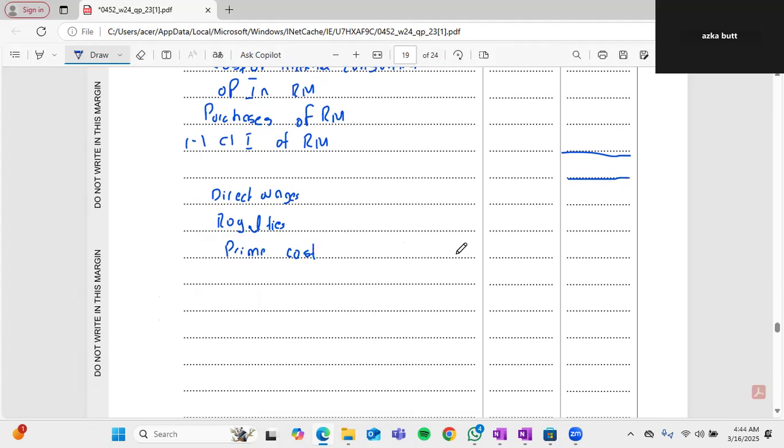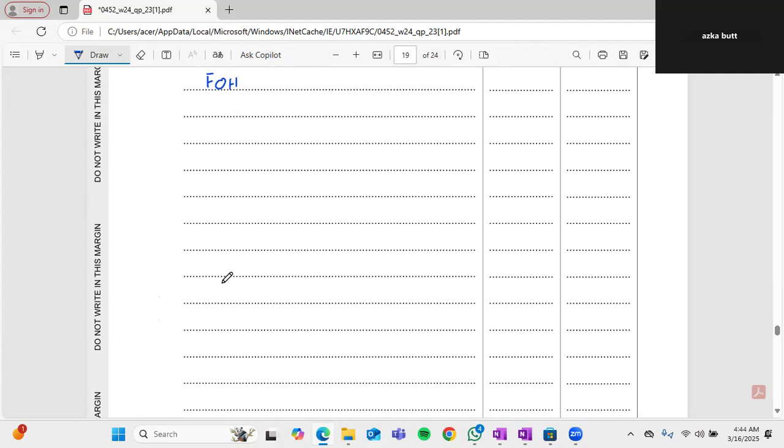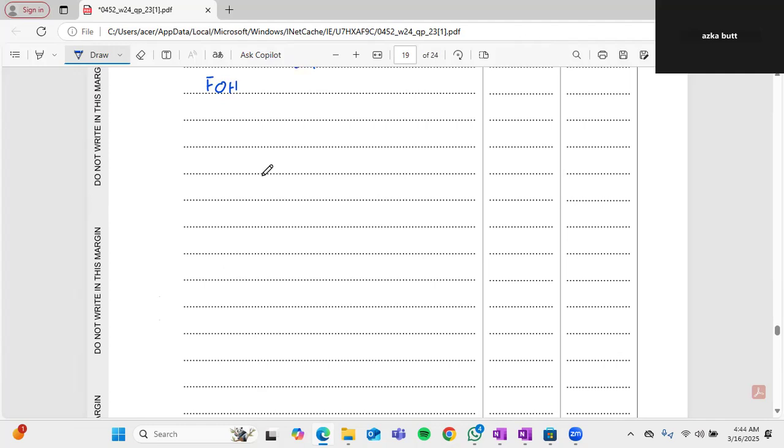And after that, you have to write the factory overheads. In factory overheads, first of all, you need to write the wages of factory supervisors. Second thing is factory general expenses. And factory rates and insurance.